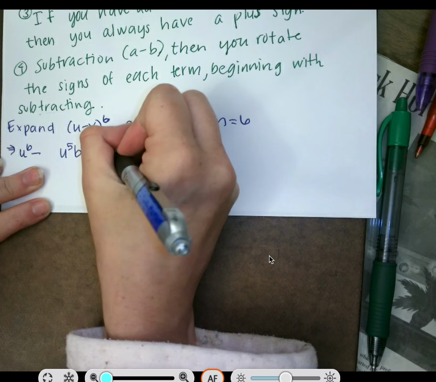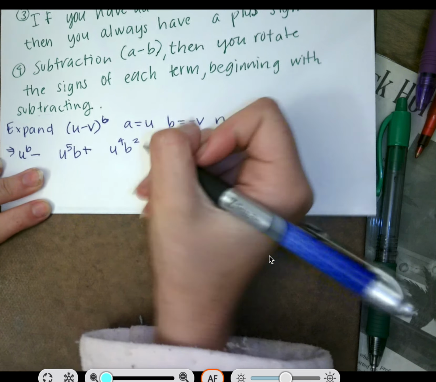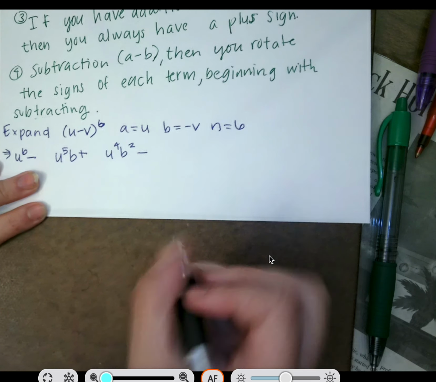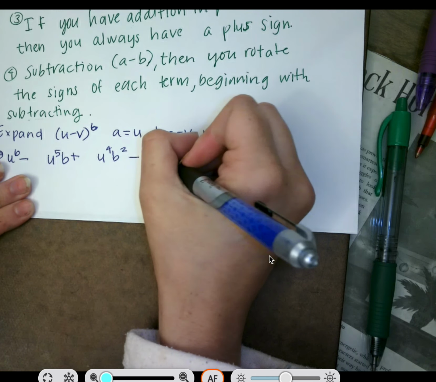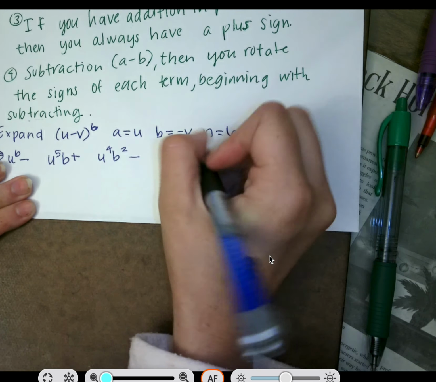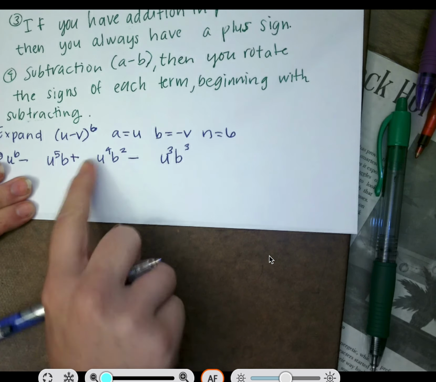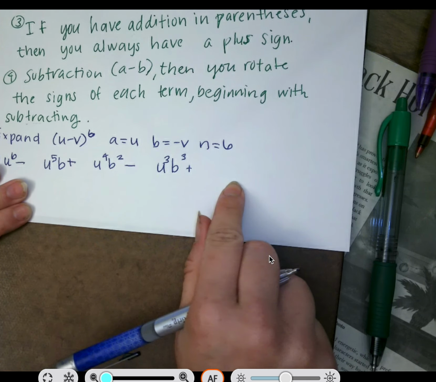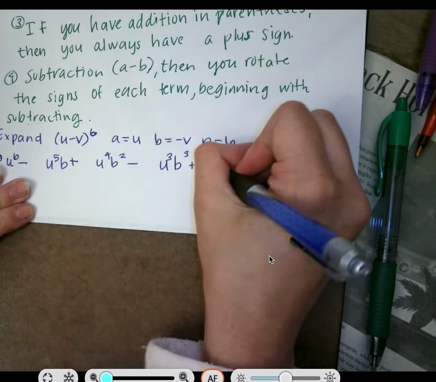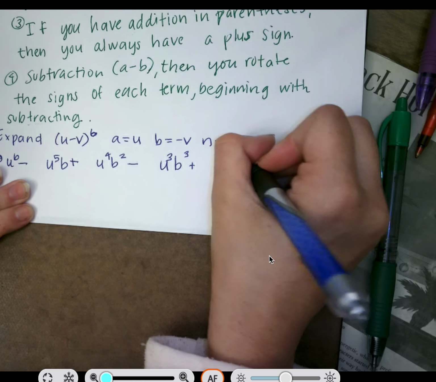All right, u to the fourth, b squared, minus, let's leave room for our coefficient, u cubed, b cubed, minus 1, plus 1, plus, leave room for our coefficient, u squared, v to the fourth power.